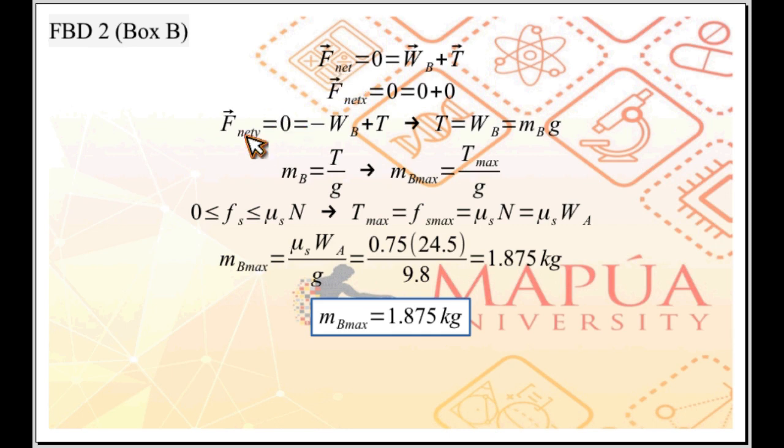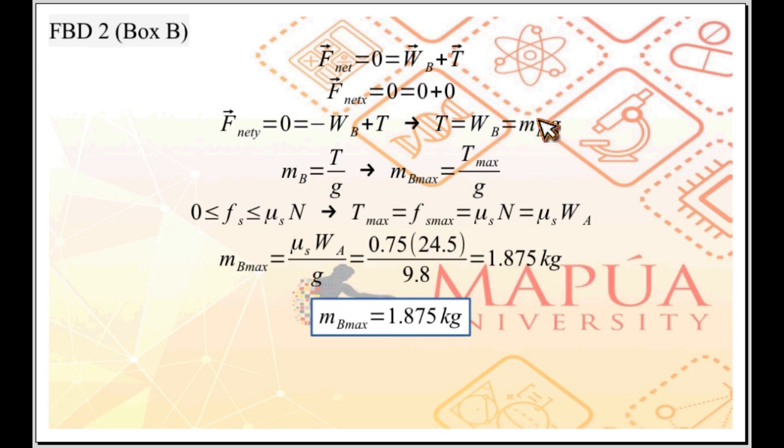Y component of F net is F net Y. Y component of 0 is 0. Weight B is vertical, negative direction, so minus weight B. Tension T is vertical, positive direction, so plus T. From Y component, we see that tension magnitude is just equal to weight magnitude. Weight B magnitude is just mBg.